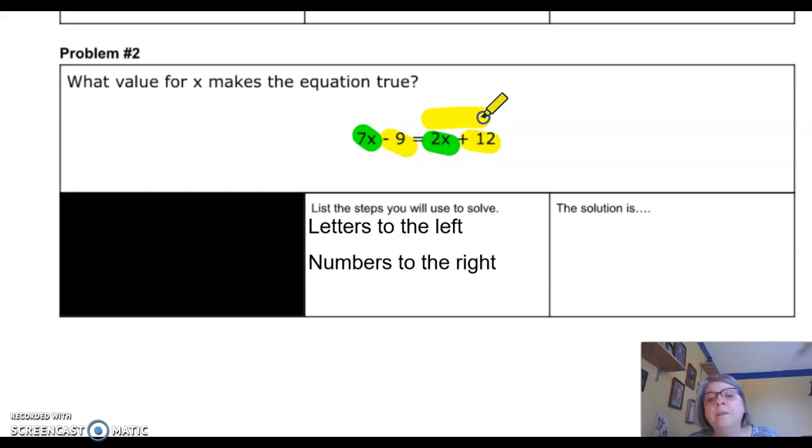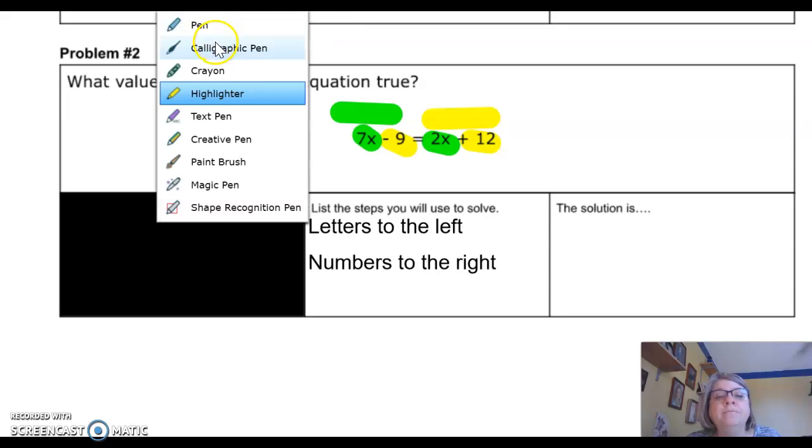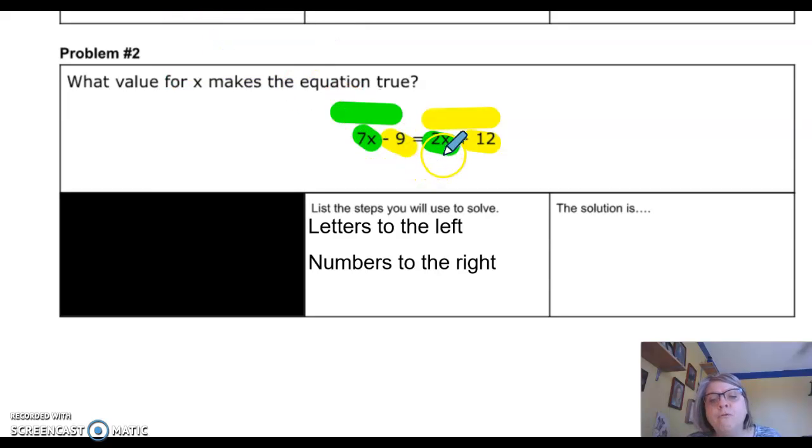So I'm going to want the right side to be the yellow side and the left side to be the green side. So in order to make this happen, I'm going to have to move my 2x by subtracting 2x from 7x, because I'm going to do the opposite. That'll get rid of my 2x, and I will have 5x.